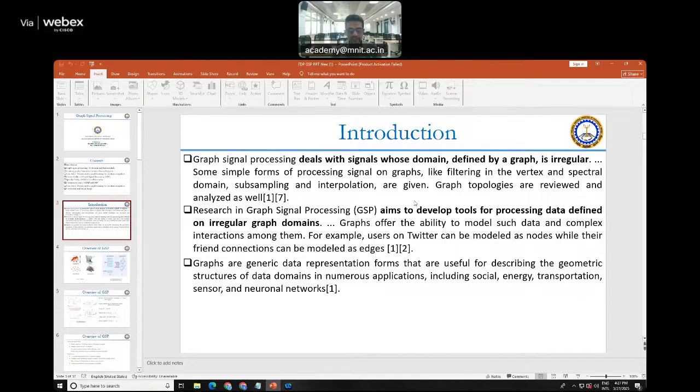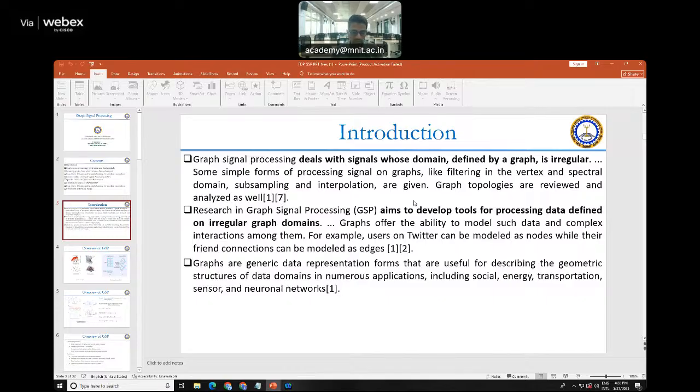What do these values convey? They convey that at t equal to 0 this was the value, at t equal to 1 this was the value, at t equal to 2 units this was the value. So it basically explains the change in a signal with respect to time.